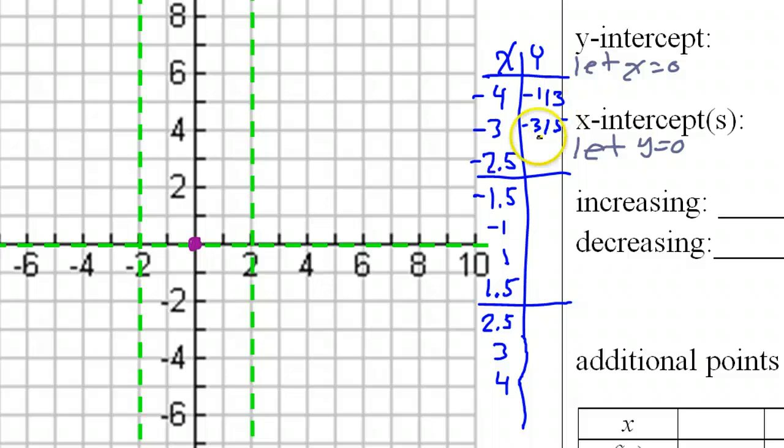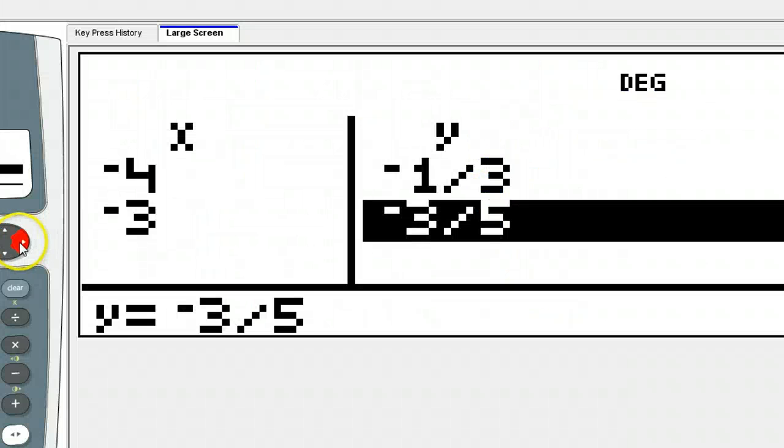Then comes -2.5. Actually, let me just make these all decimals so I don't mix this up. -1/3 is approximately -0.33. Negative 3/5 is negative 0.6. Notice if you highlight it and toggle it, it'll show you the decimal.